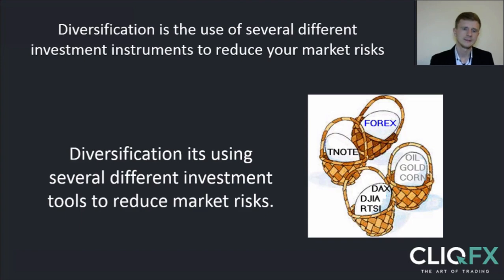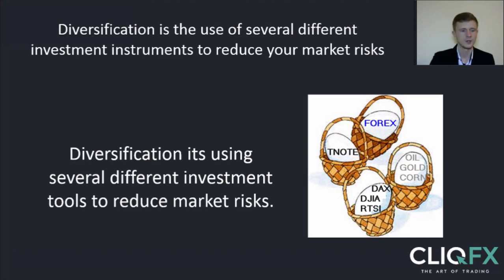So in diversification, you have to choose the assets that have different position and different correlation. If something happened with one asset, it will not affect another one, or it will affect, but just with a small percentage. So diversification is using several different investment tools to reduce market risks.